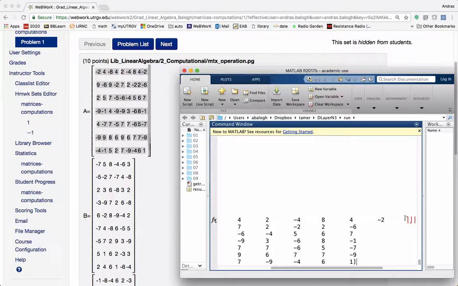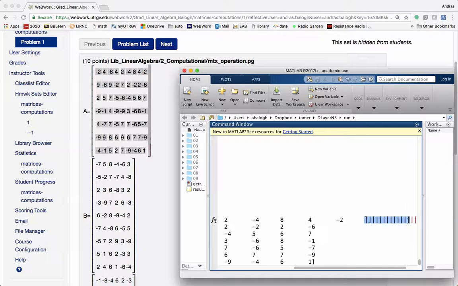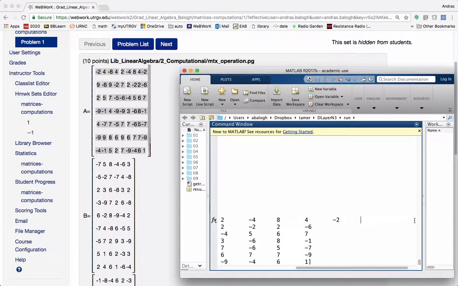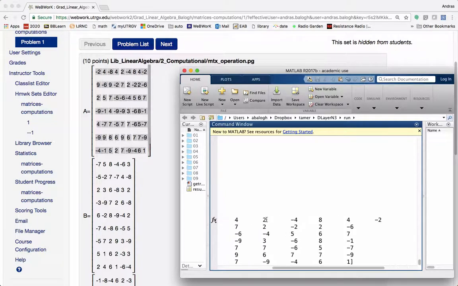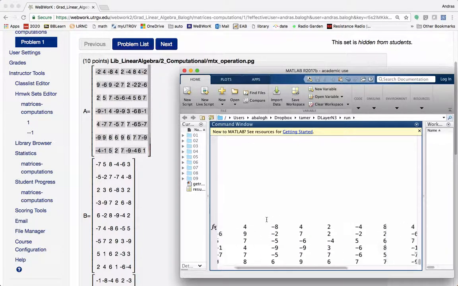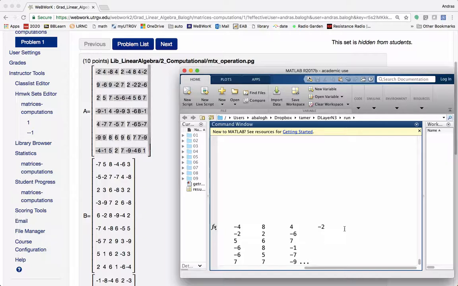Then a very important technical issue with copying things from WebWork is that in the first row, somehow the bracket becomes these strange symbols that are garbage for MATLAB. So you have to find the first row of the matrix in MATLAB and delete the garbage from the end of the line. Then you can go back to the end.